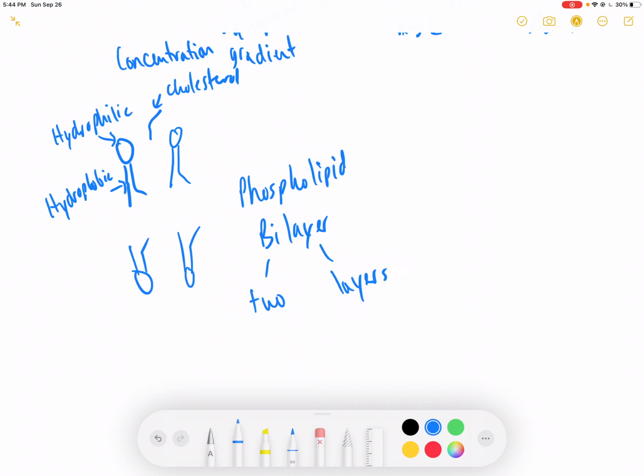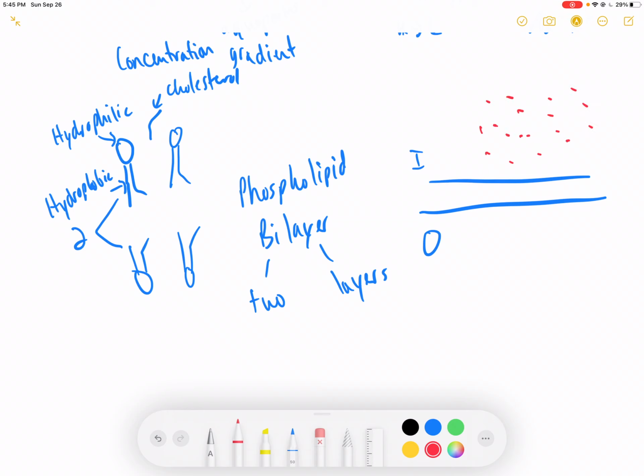So, going from this, we're going to draw this membrane here. This is the inside of the cell. This is outside of the cell. I'm going to use 2 different colors here. If I see this, and then I see this arrow, that is passive transport. It's also diffusion because molecules are moving from high to low without a transport.